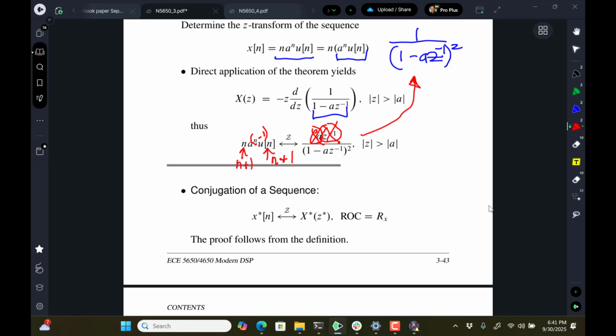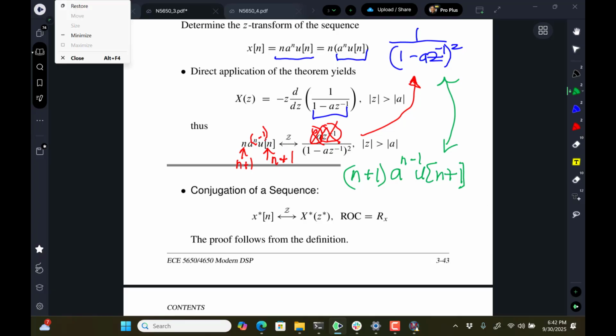So now we're just about done. We can say those are related through a Z transform pair.